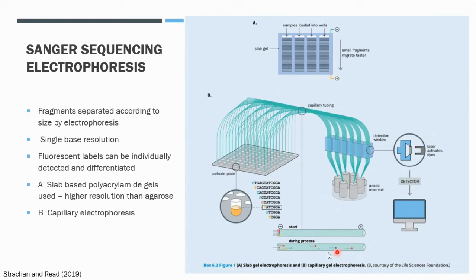So each fragment will be separated according to size at one base pair resolution, and as each of these DNA fragments that are labeled at the end with a particular ddNTP will then be detected on the detector to create this electropherogram. So both capillary electrophoresis as well as slab-based gel electrophoresis can be used to separate the products during a Sanger sequencing reaction.